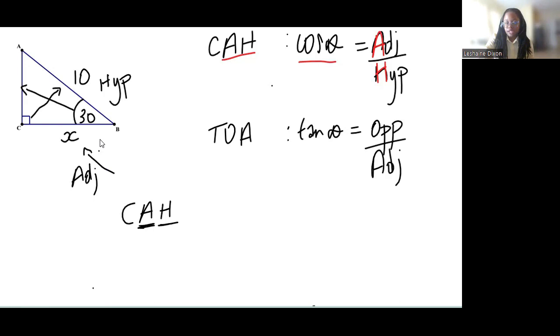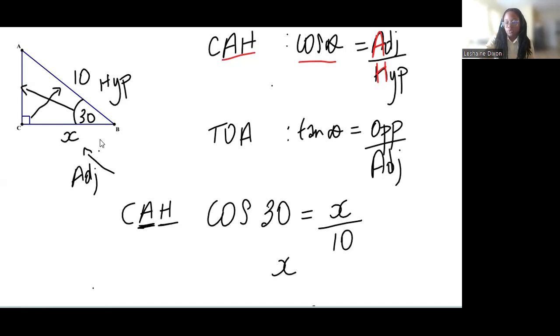So how do I use this? I know that cosine of the angle, which is cosine of 30, is equal to the adjacent, which is x, over the hypotenuse of 10. And my goal here is to find what x is. So in order to find x, I just have to multiply both sides by 10.